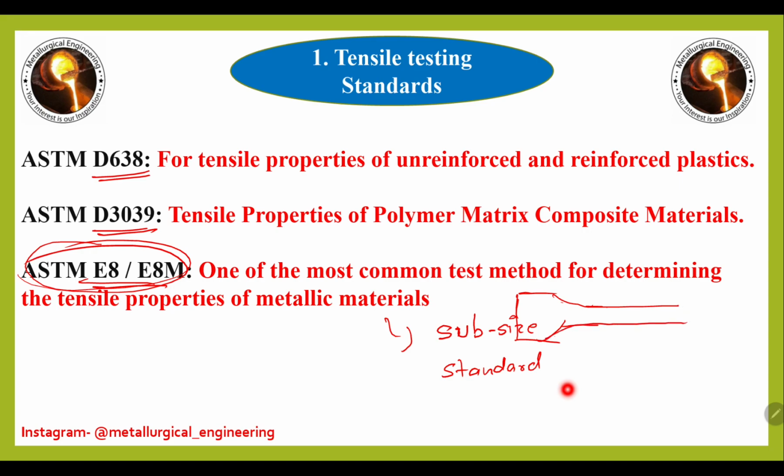It is somewhat like this. It is of two types. First one is the rectangular type, and second one is circular. So this ASTM standard defines both types of specimen, the rectangular cross section and the circular cross section, and the shape of the specimen is always dog bone shaped.